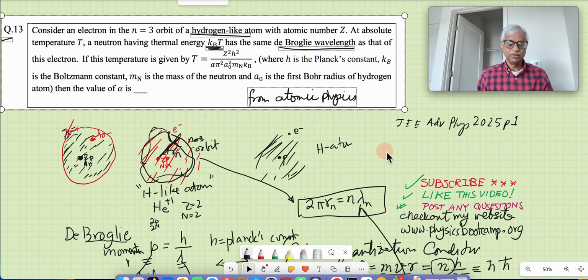All right. So the question is that we have a de Broglie wavelength of a neutron, which is the same as the wavelength of this electron. So you have two systems.